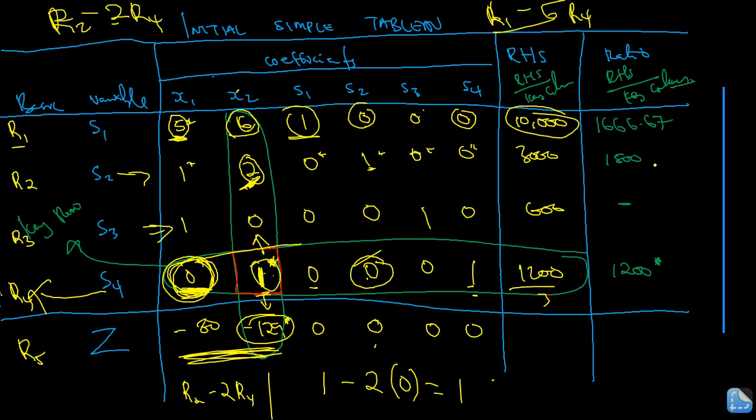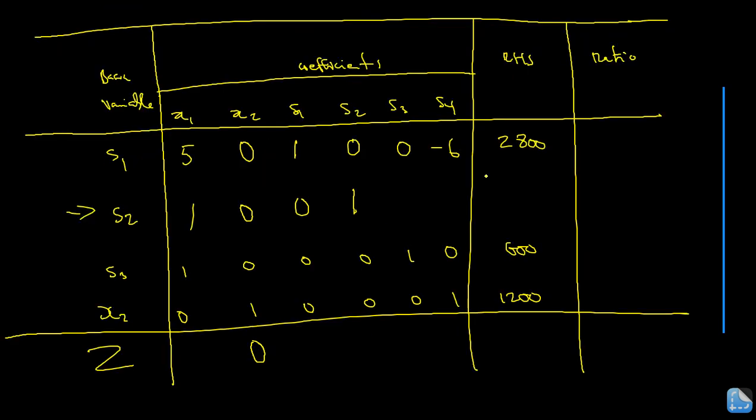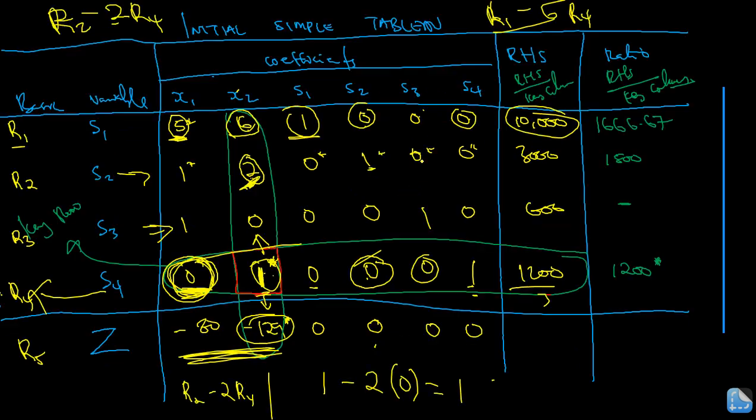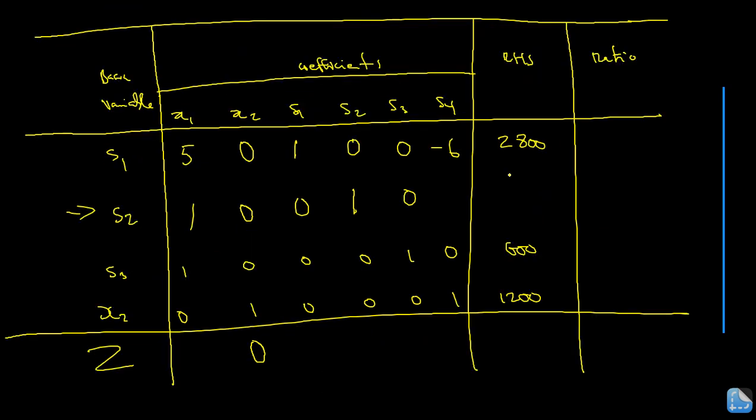Then we come to S3. So here we have 0 minus 2 by 0. We get a 0. Then the last one here we have 1. So it will be 0 minus 2 by 1. So it will be negative 2.